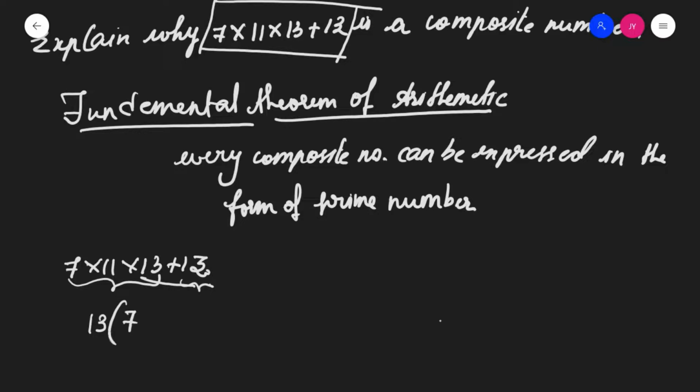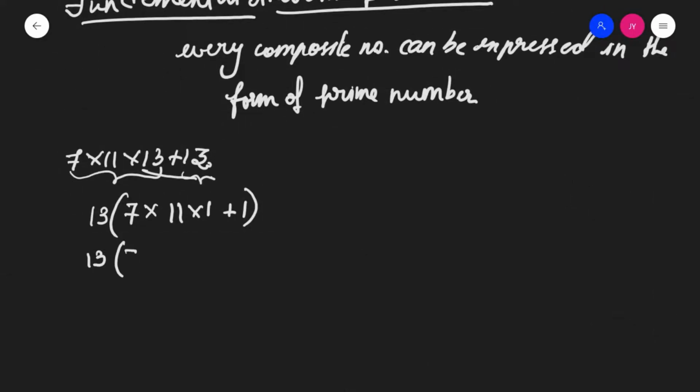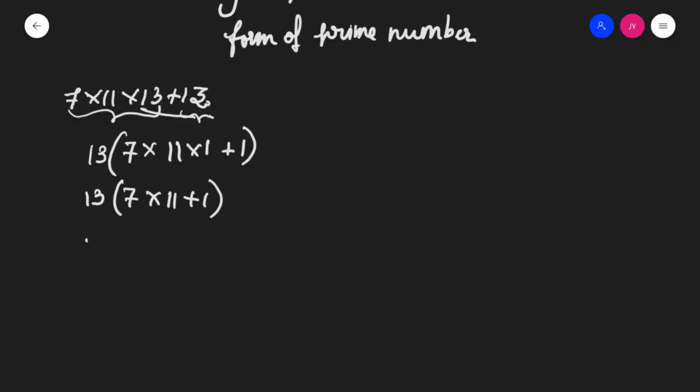So 13 into (7 into 11 into 1 plus 1). So 7 into 11 into 1 is 77, so plus 1. 77 plus 1 is 78.